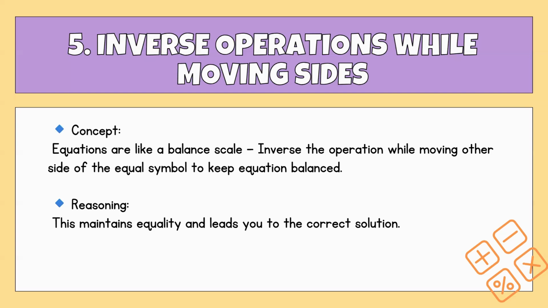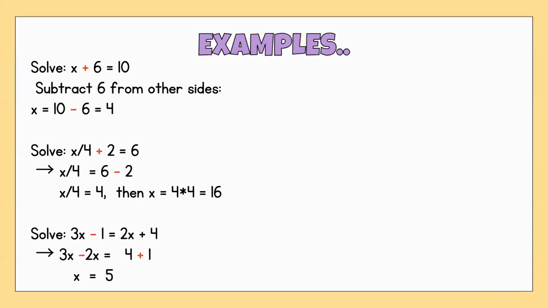Inverse operations while moving sides just means that when moving the sides, the operation will become reverse. Why is it like this? Let's see the reasoning. This maintains equality and leads you to the correct solution. Yes, this gives both the sides an equal balance and gives you the correct solution.